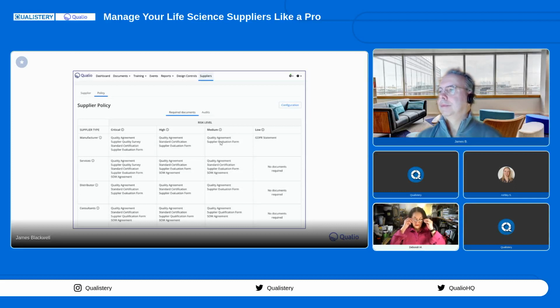And all of your suppliers are not going to be regulated or even certified. They may be ISO 9001 certified, but remember that they're not all going to be GMP or ISO. So that kind of helps you to work on your criticality level.